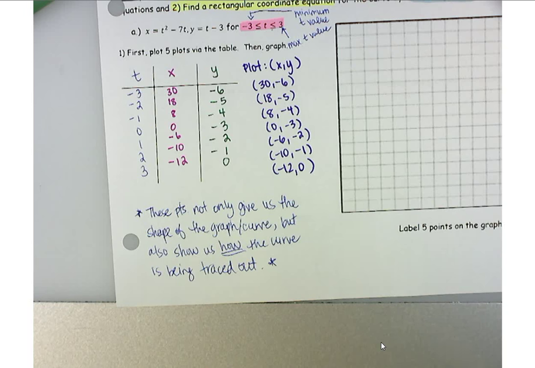Okay, that's why your x and your y are a function of time. So it's not just the shape of the graph, which is what we would do in rectangular or polar, but it's telling you how you're tracing that curve out.